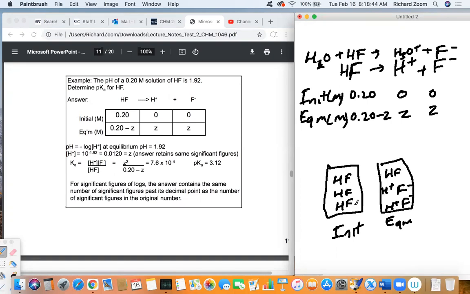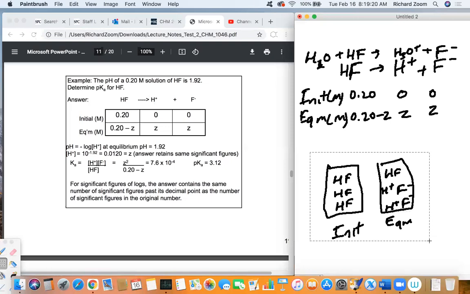So if Z molecules of HF broke apart, then we'd get Z molecules of H plus and Z molecules of F minus. Does anybody have any questions about this? You can see we've lost 2 HFs, but we've gained 2 H pluses and 2 F minuses. And you can see that here: we lose Z HFs, we gain Z H pluses and Z F minuses. Anybody have any questions? Okay.